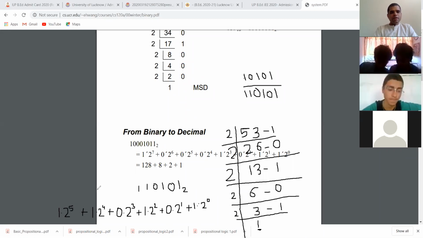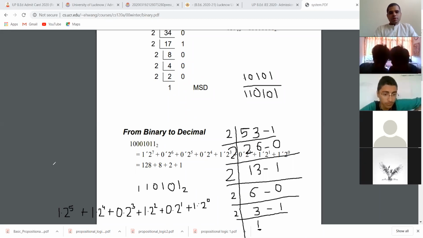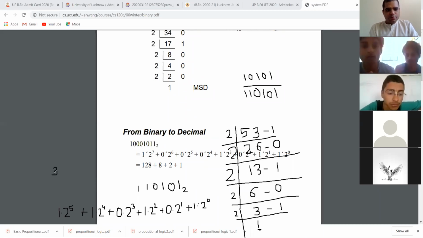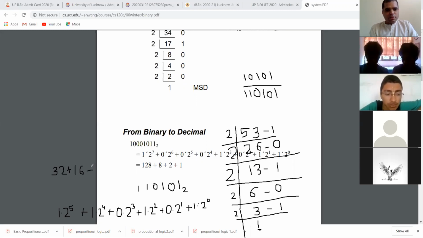Okay, so now we will put the terms properly. 2 to the power 5 कितना होगा? 32. So 32 plus 2 to the power 4, 16.